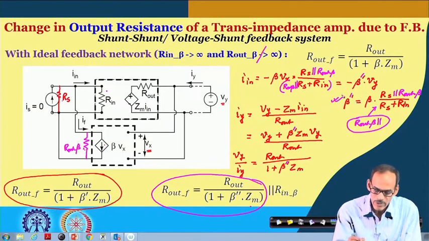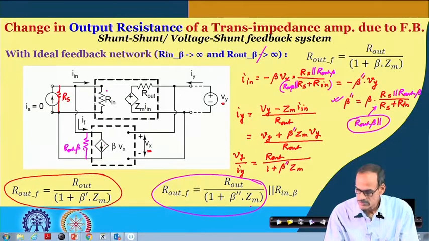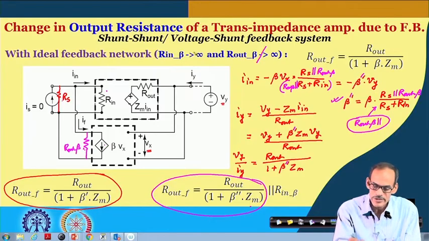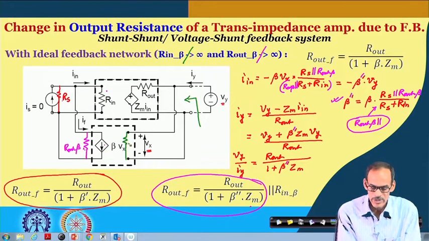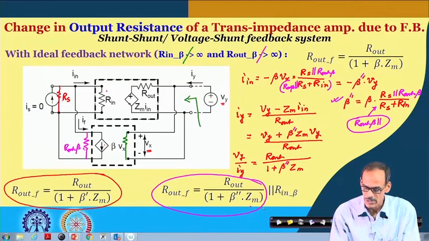Now, if I also consider that the input resistance is finite, so if I consider some finite resistance here, then we have to consider that resistance effect also. The previous R out that was there, we can consider this is also coming in parallel.